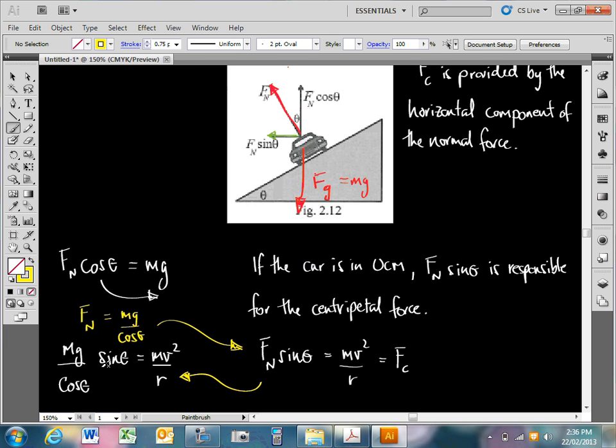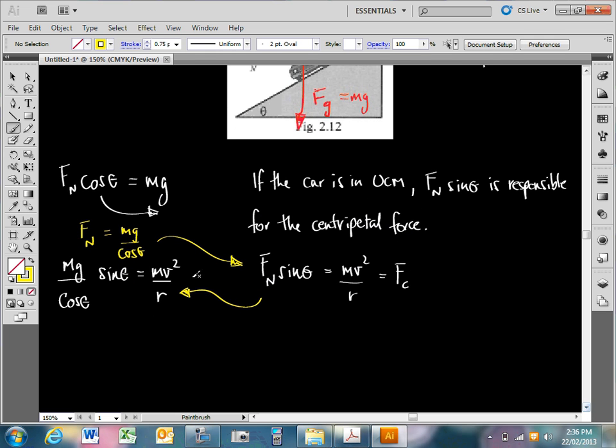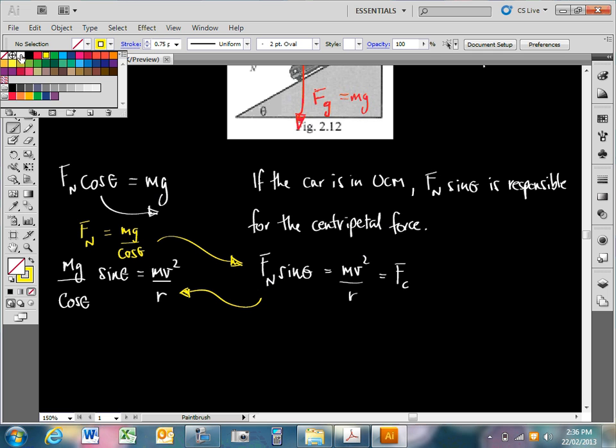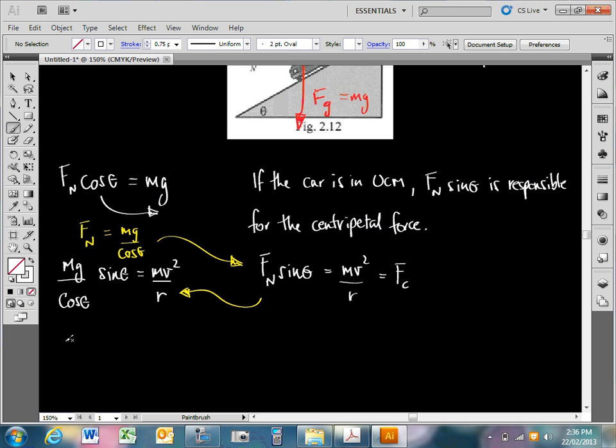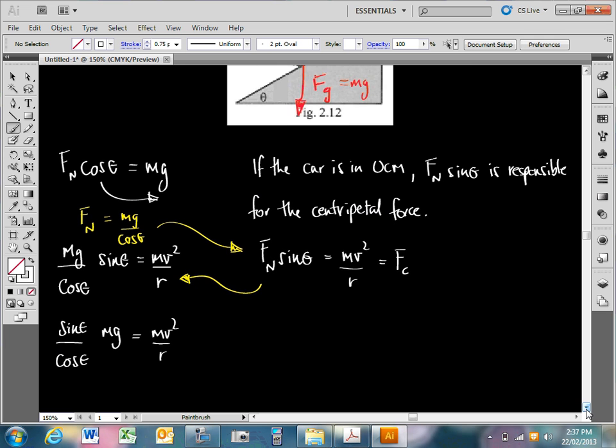Mg on cos theta times sine theta equals mv squared on r. What's sine theta on cos theta equal to? Sine theta over cosine theta, mg. I'm just rearranging that mathematically. mv squared on r. I'll go downward, this is much neater.